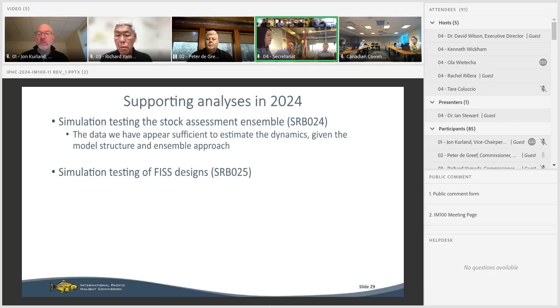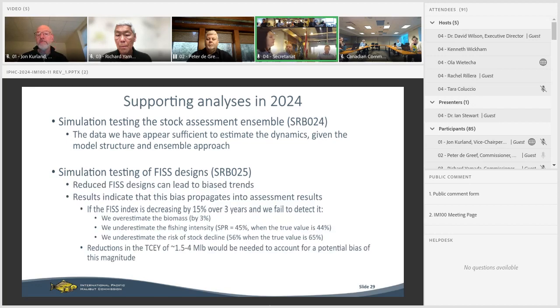We then extended this simulation testing approach to specifically ask a different question, which was to evaluate different fishery independent setline survey designs. And again, to summarize several months of work into just a few bullets on this slide, we recognize that reduced FIS designs could lead to biased trend information.